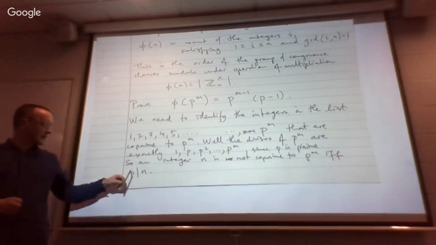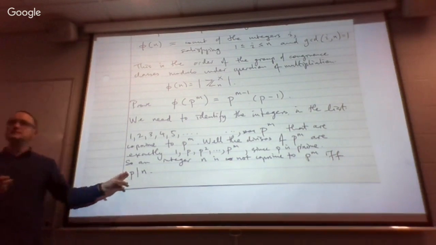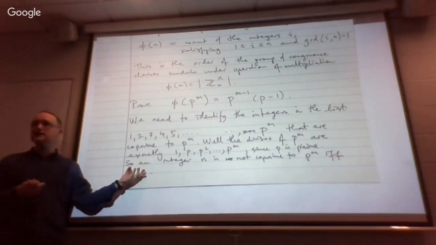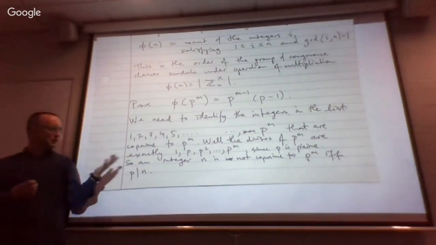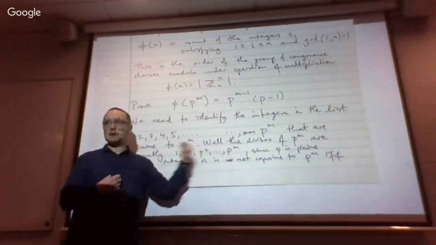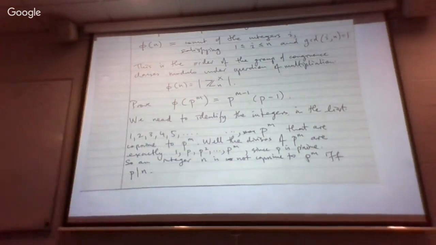If an integer n has a factor of p in it, then it is not co-prime to p to the m, because their greatest common divisor will be at least p. And if there are no p's in n, it will be co-prime to p to the m, because the only factors that p to the m has to possibly share with any other numbers are various powers of p. So if there's no p at all in n, you are co-prime.